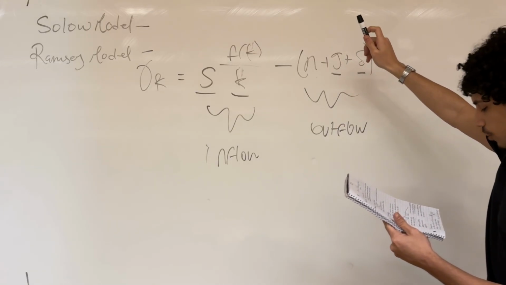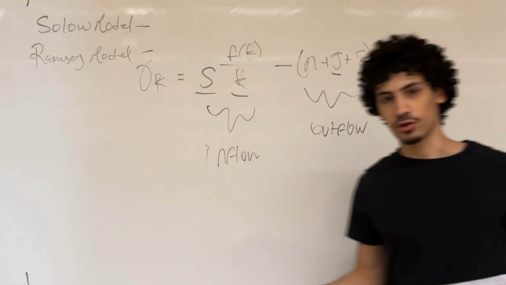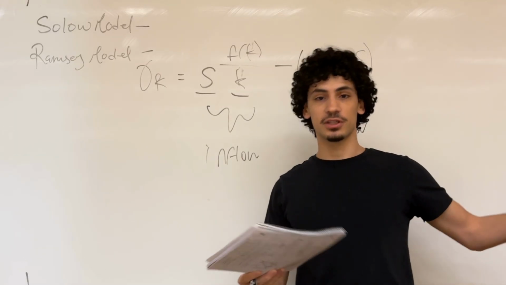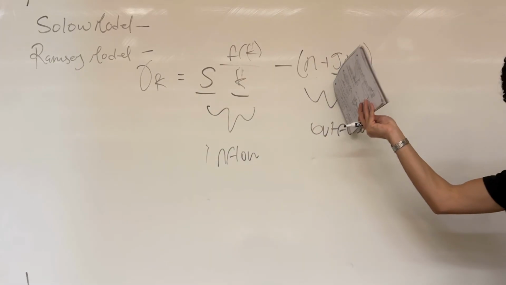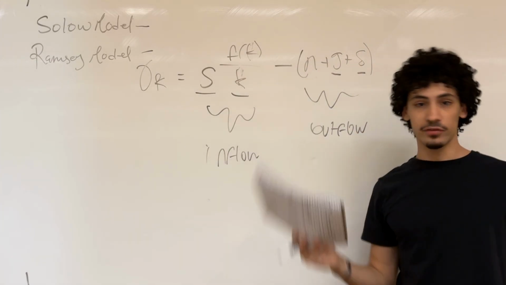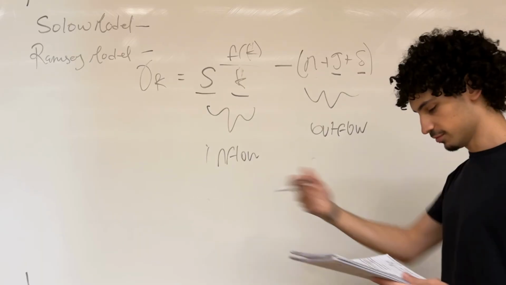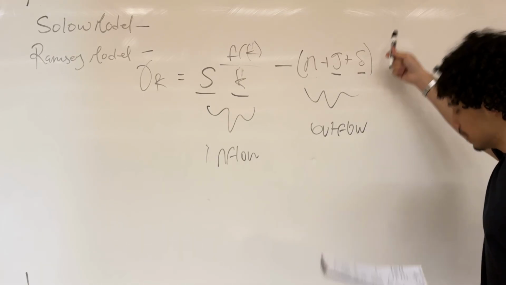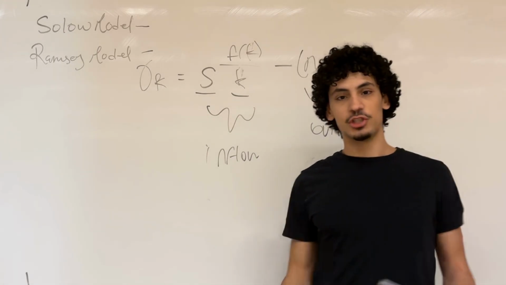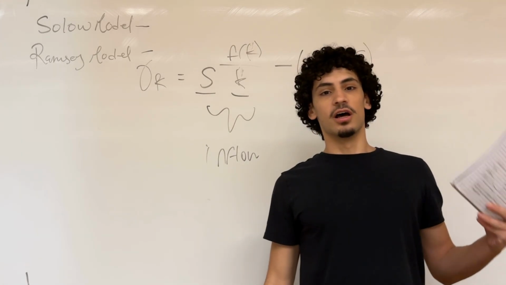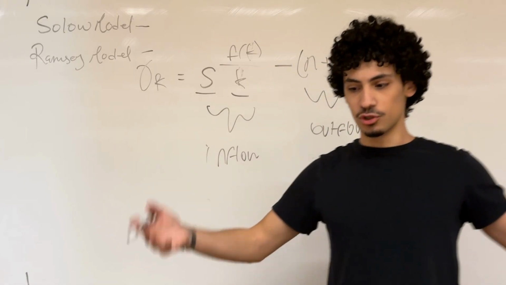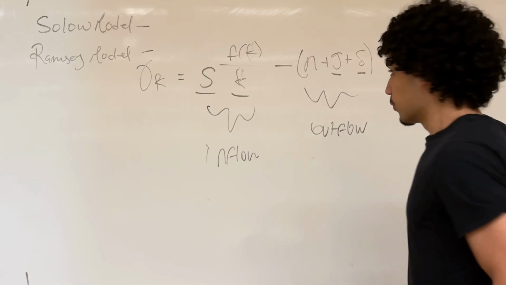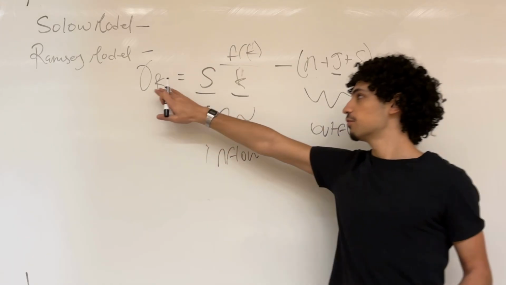Here we have the efficiency of workers. It's technology, but also how efficiently workers use technology. The more efficient workers are, the more you have to pay them, and the more outflow there is. Depreciation is things like machines breaking down and repair costs. When things depreciate, you have to pay to update them. So it's this simple. This is the growth of capital.